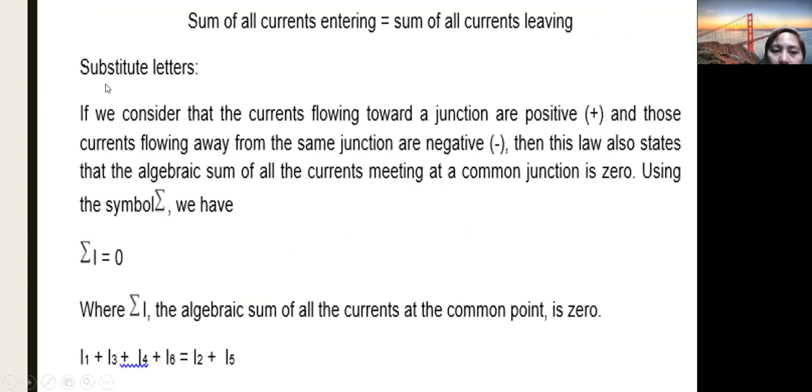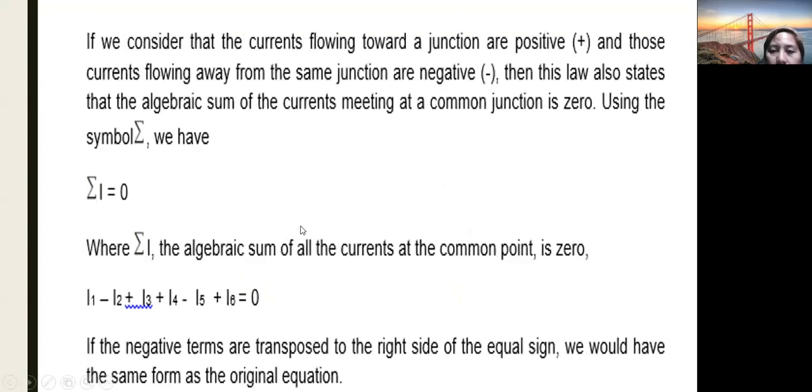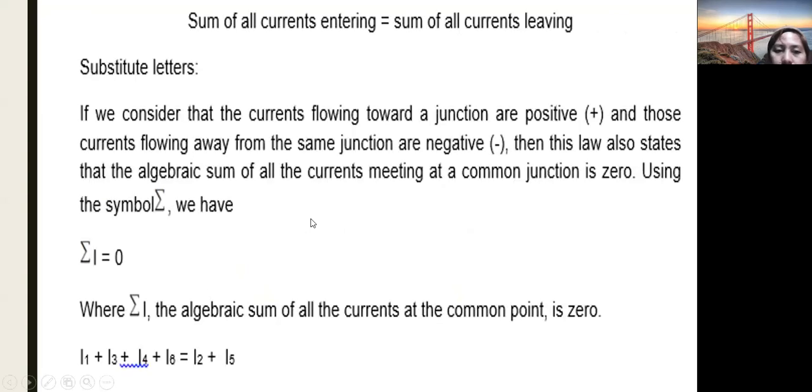If we consider that the currents flowing toward the junction, meaning entering the junction, are positive, and those currents flowing away from the junction are negative, then this law also states that the algebraic sum of all the currents meeting at a common point is 0.